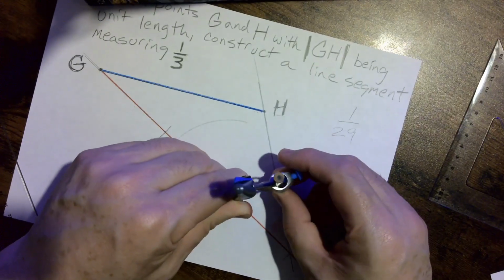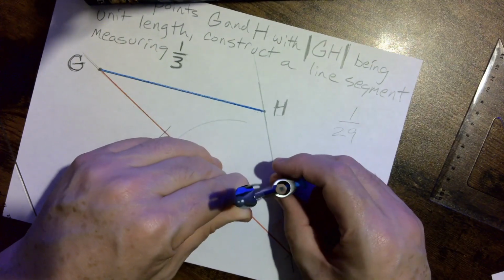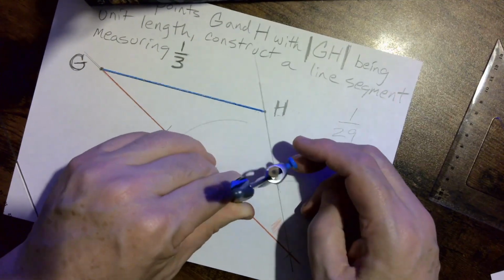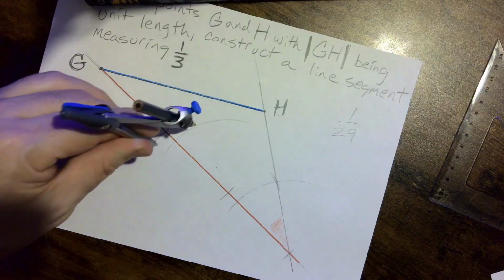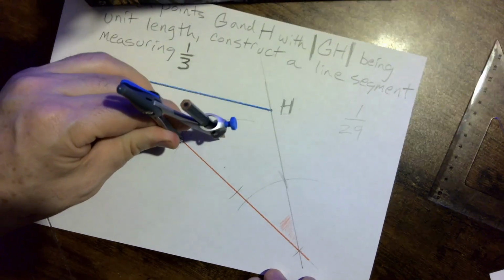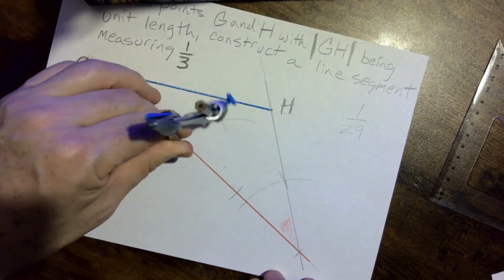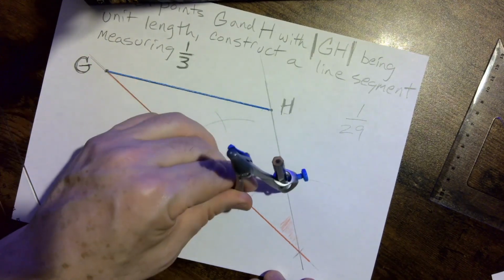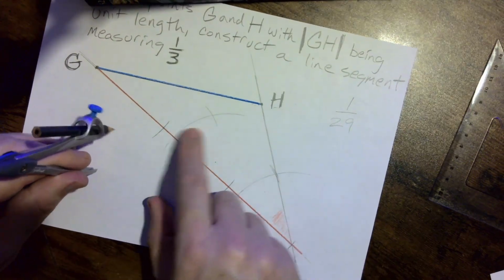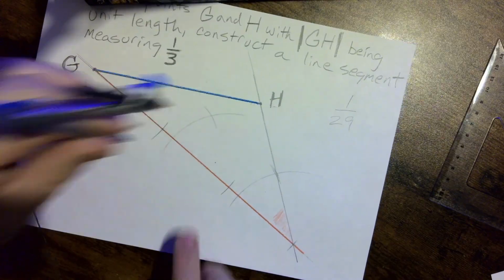All I'm doing is I'm duplicating an angle, cloning an angle here, and you will do the same thing over here. Just like I marked that across that arc, I marked in a similar fashion, like that.